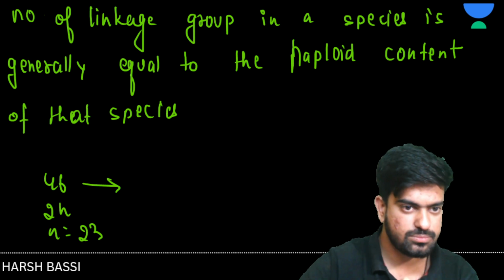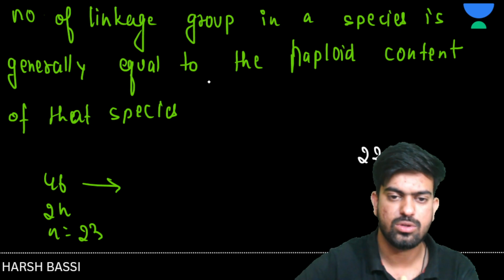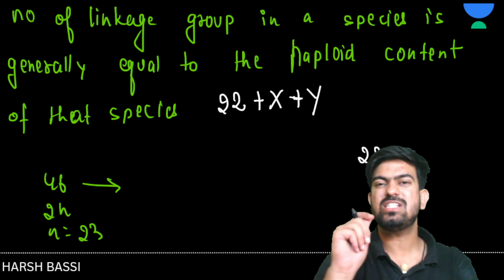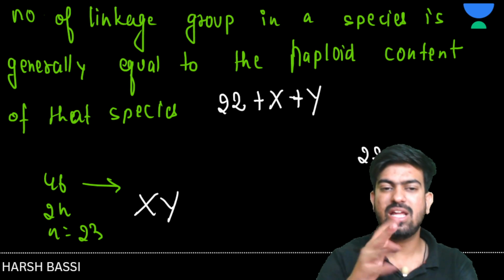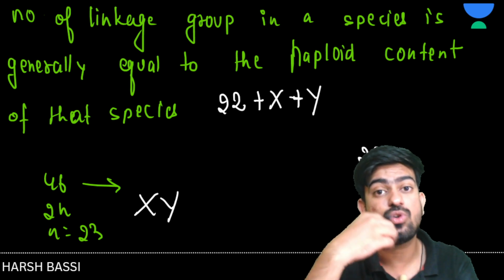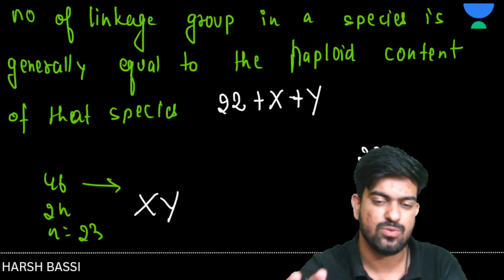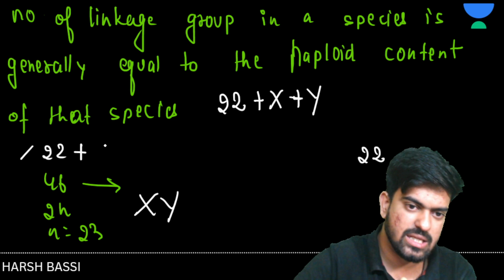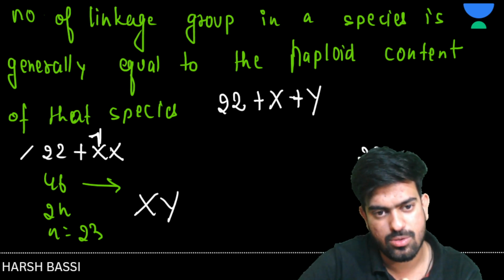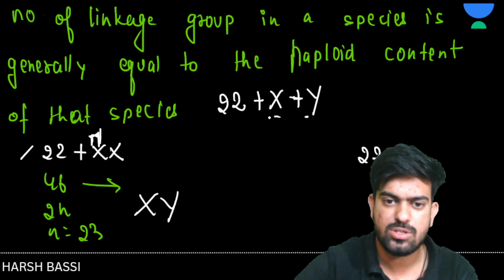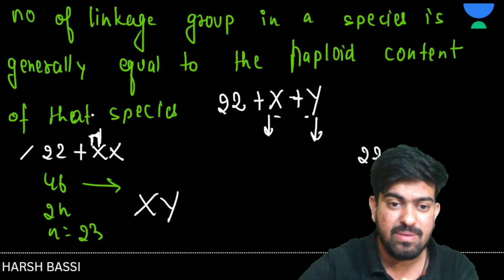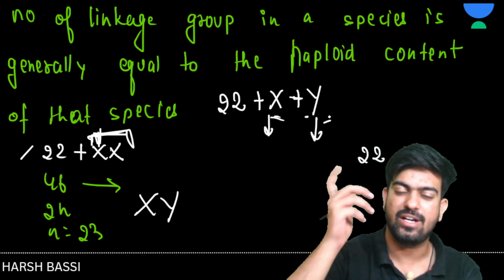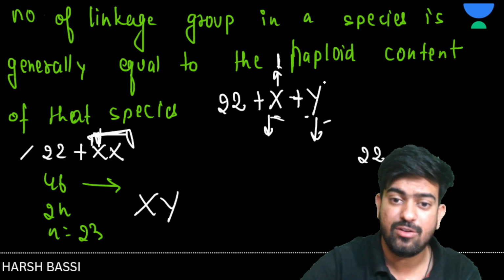But in males this is something different. We have 22 chromosomes, and then we have one chromosome X and one chromosome Y. X is not having its own pair; X is just X, Y is just Y. In females we have 22 plus X and X, so we can consider it as one linkage group, because both the X are the same. But in males X and Y are different, so X will form one linkage group and Y will also form one linkage group.